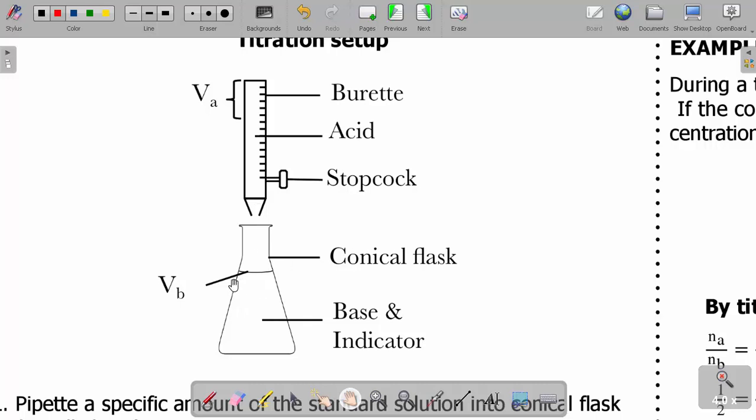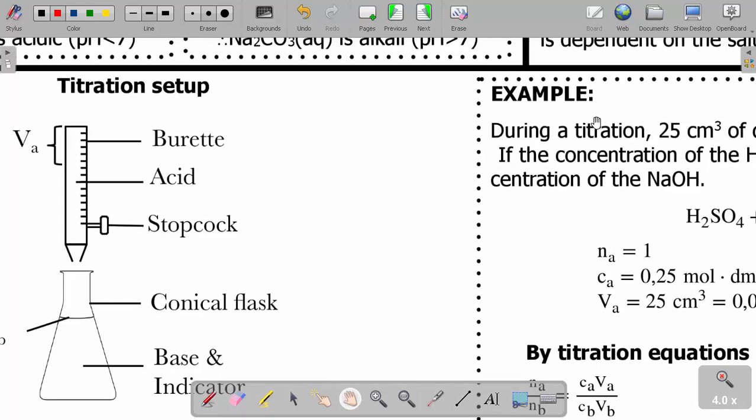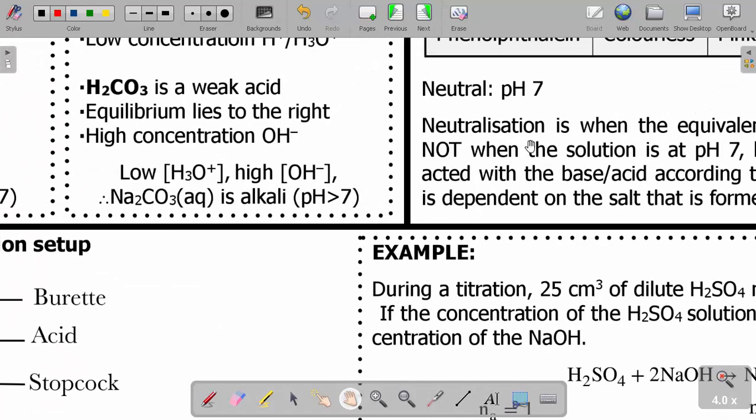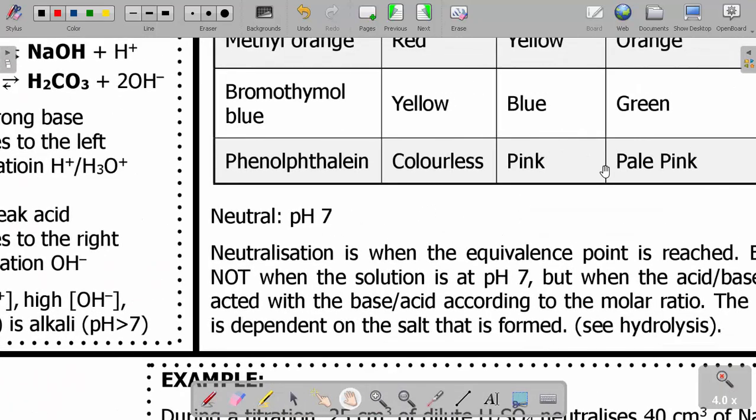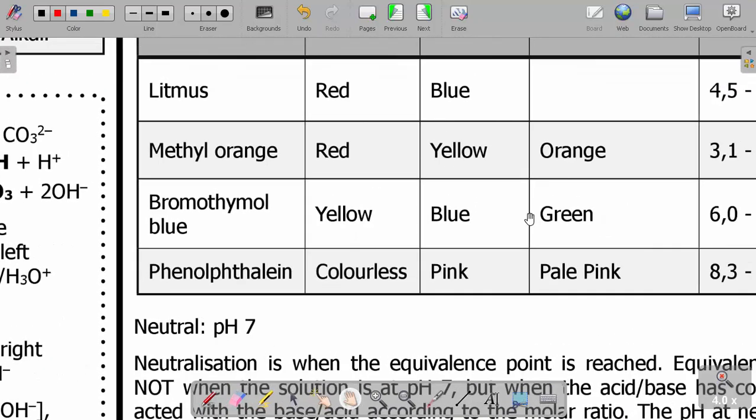Titration. And at equivalence point, when you have the indicator in here, it's going to change color. At the equivalence point, you're going to see yellow if you use the methyl orange, or you're going to see blue if you use the bromothymol blue, or you're going to see pink if you use the what?